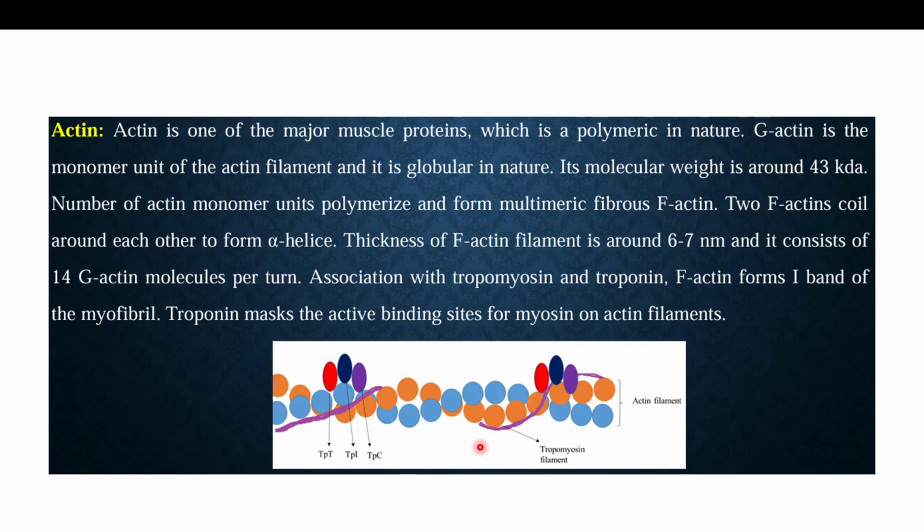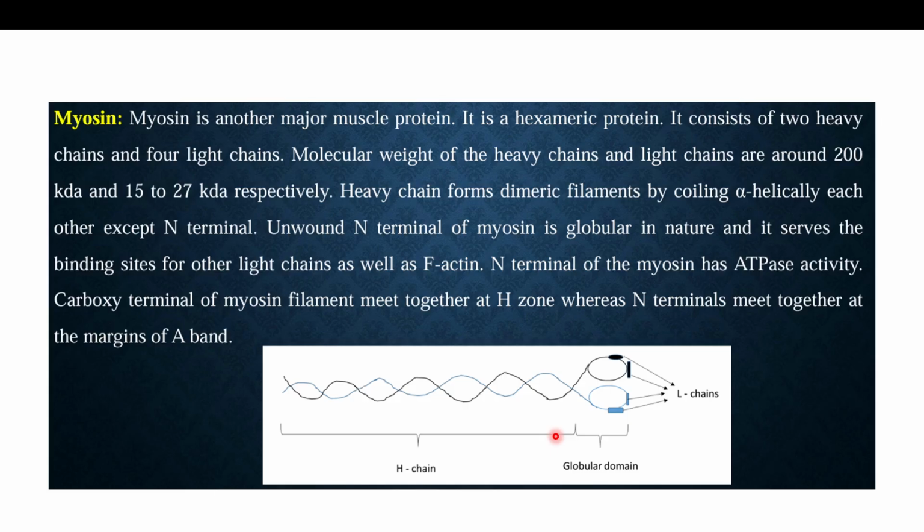Okay, and eventually, these are associated with tropomyosin and troponin, and this is the tropomyosin filament, which wraps the active binding sites on the actin where the myosin can come and bind onto it. Okay.